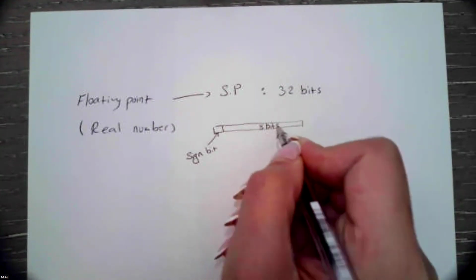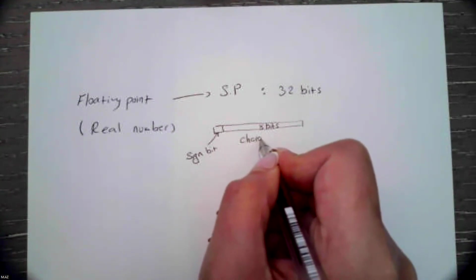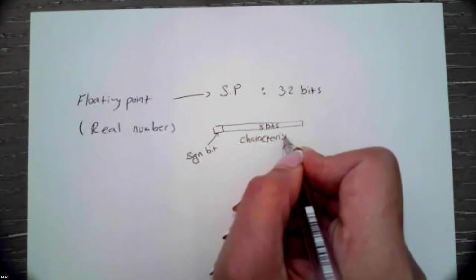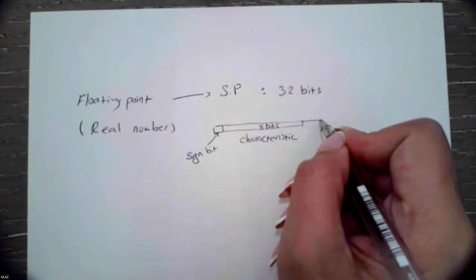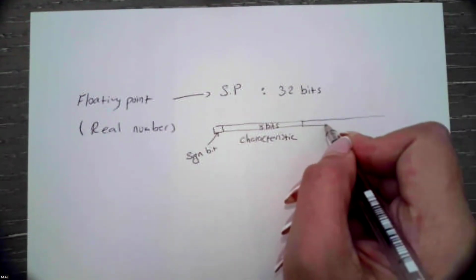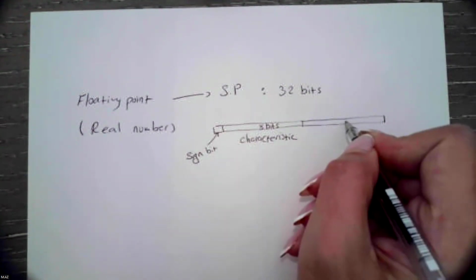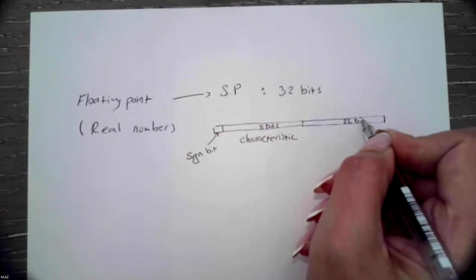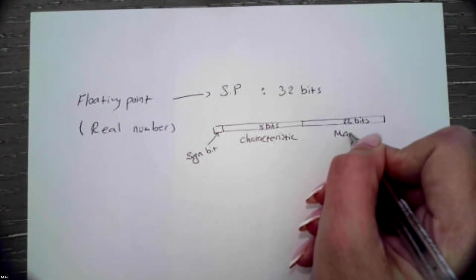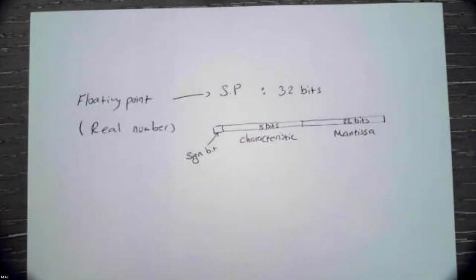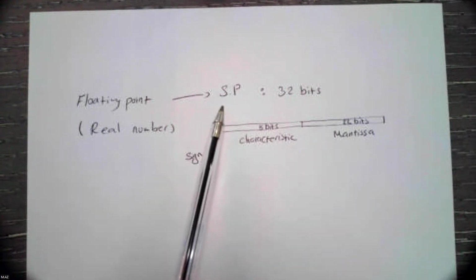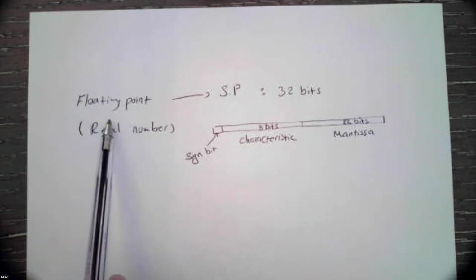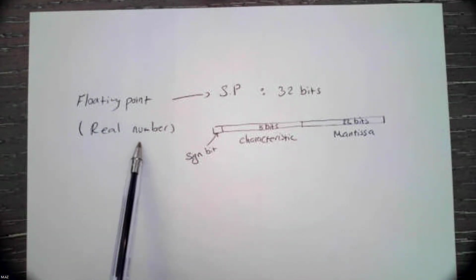8 bits for characteristic and 23 bits for mantissa. Now we are trying to find the smallest number and the largest number that we can store for the single precision of the floating point number or real number.